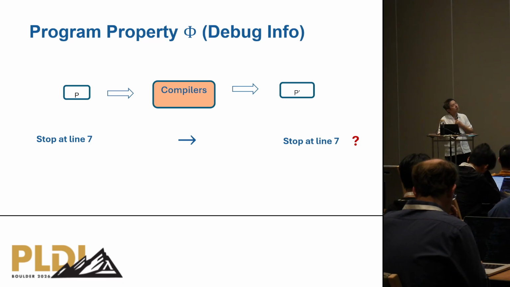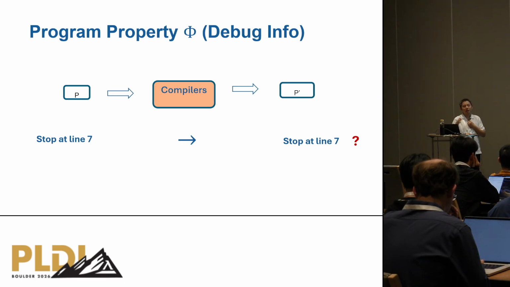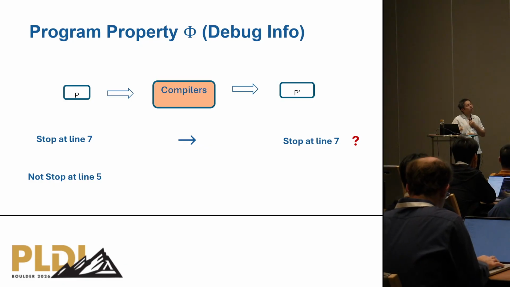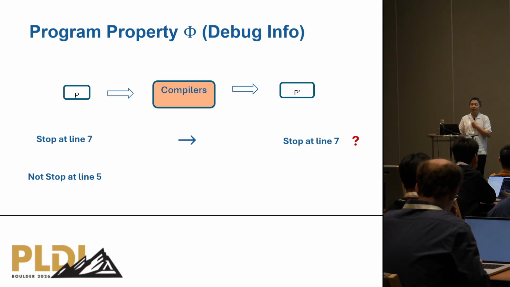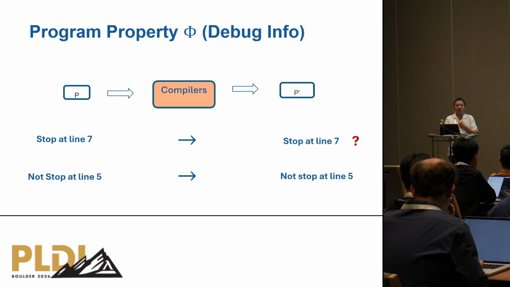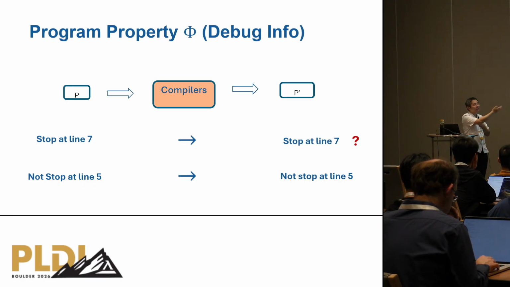On the other hand, let's also look at the complement. Suppose in your original program, given a set of inputs, you cannot stop at line 5. Is it always guaranteed that you cannot stop at line 5 in the optimized program based on the same set of inputs? This should be yes, right? Assuming the compiler is doing the right thing, you shouldn't magically be able to stop at line 5 with the same inputs.